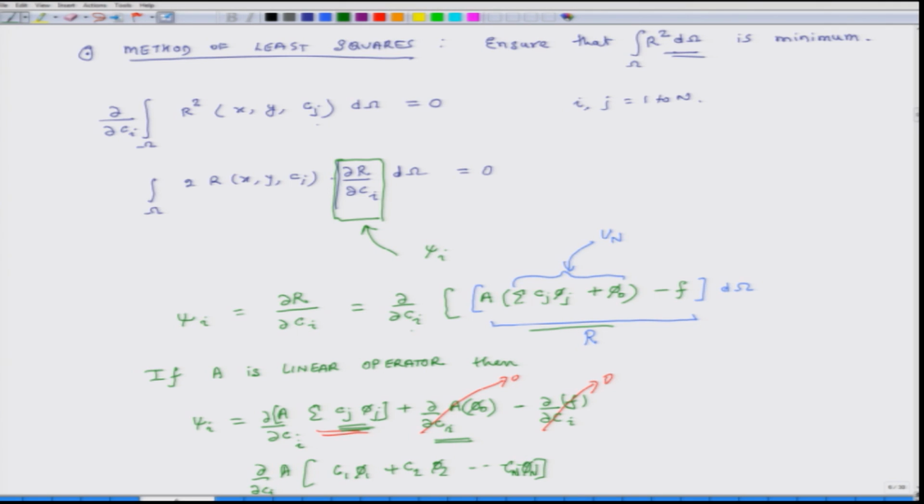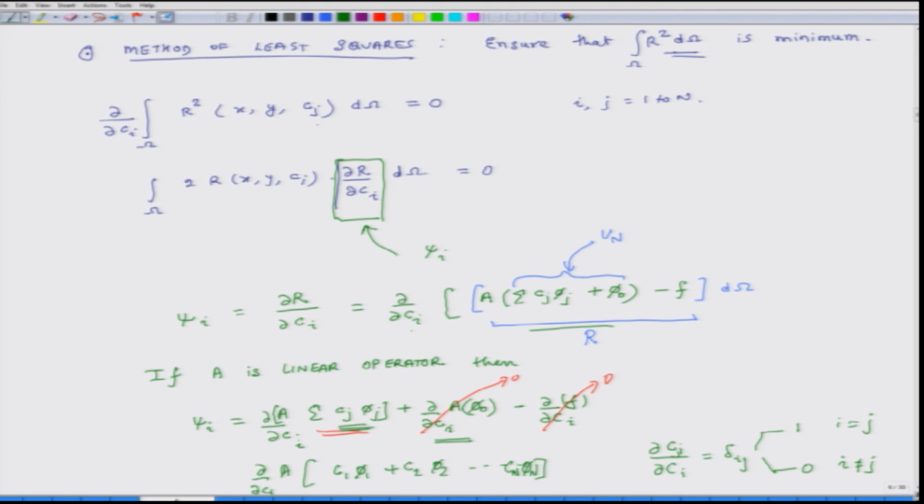Now, when I differentiate, what does that mean? If i equals 1, then only the C1 term will appear in the system, because the partial of C2 with respect to C1 is 0, right. The partial of Cj with respect to Ci is the Kronecker delta ij, and its value is 1 when i equals j, and 0 when i does not equal j. Understood?